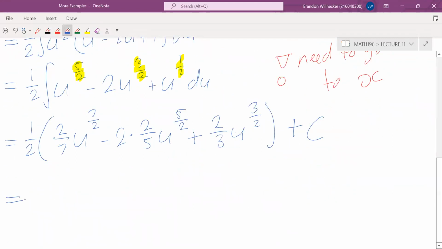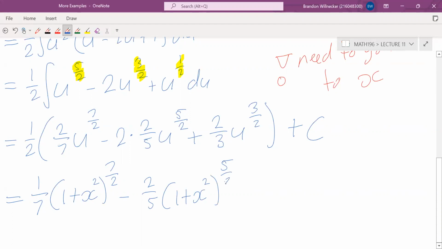So multiplying everything out and doing the replacement, we are going to get 1/7 (1 plus x squared) to the 7/2, minus 2/5 (1 plus x squared) to the 5/2, plus 1/3 (1 plus x squared) to the 3/2, plus c.